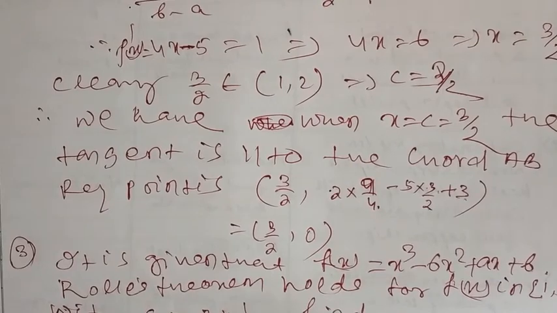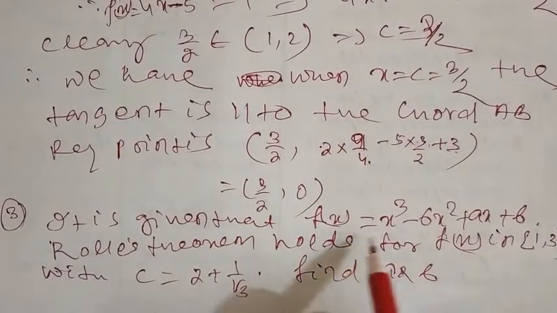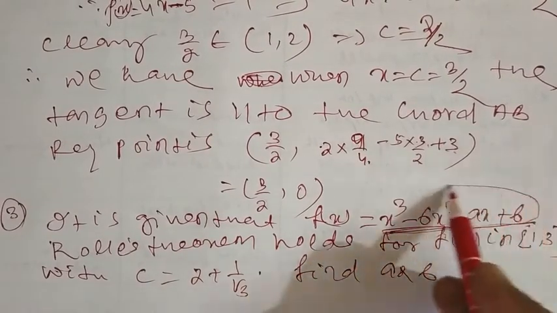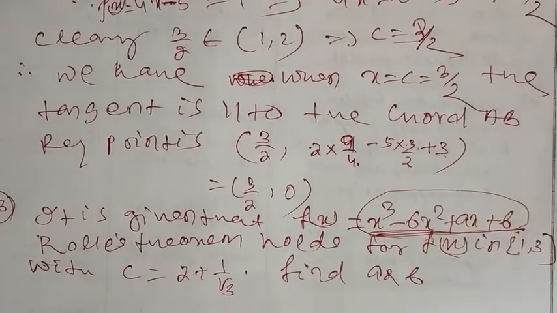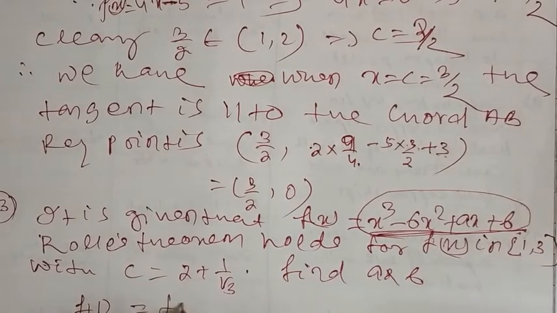Find a and b. Now obviously f(x) is a polynomial. It is continuous as well as differentiable. So continuity and differentiability are not going to help us here. But the third condition of Rolle's theorem is f of 1 must be equal to f of 3.